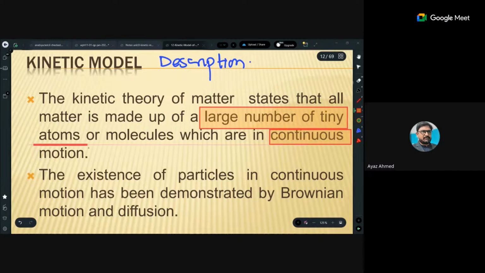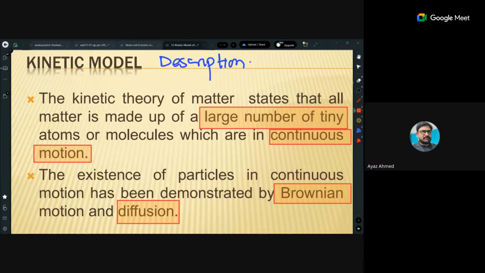This is important. The existence of particles in continuous motion has been demonstrated by Brownian motion and diffusion. There are two demonstrations in which this motion was observed. One is Brownian motion, which is a random motion. The second is diffusion.